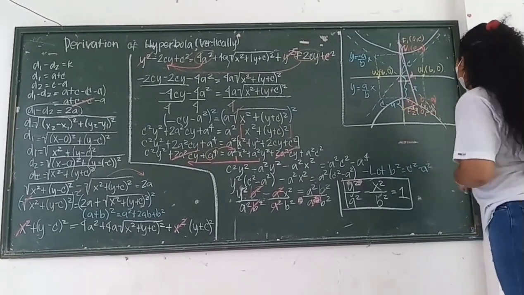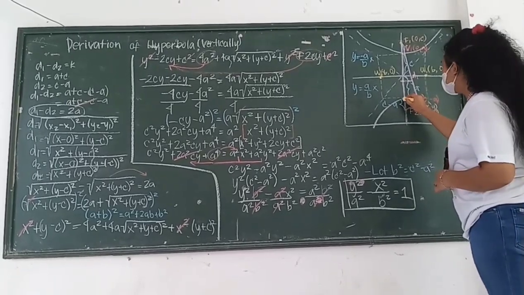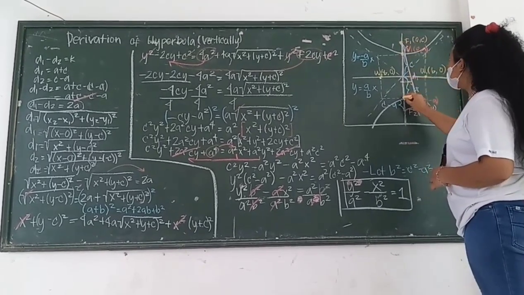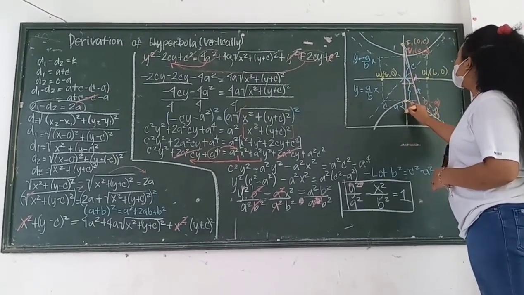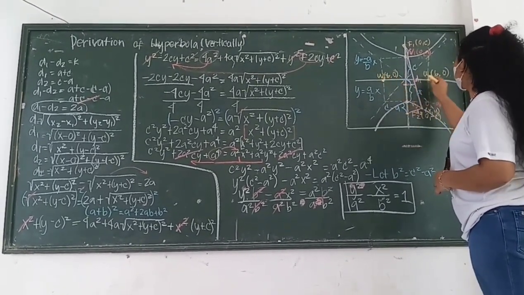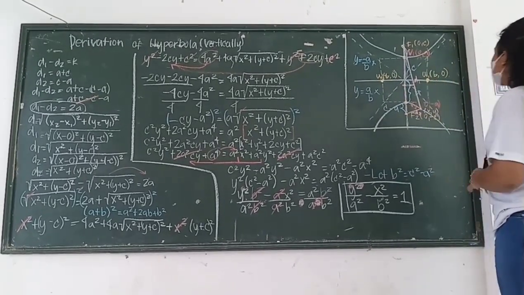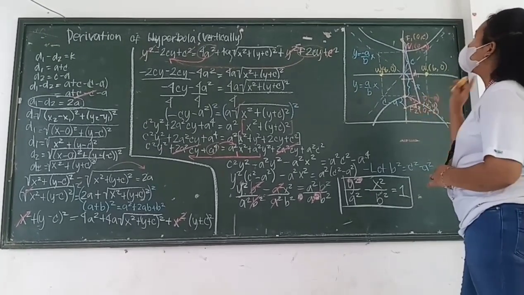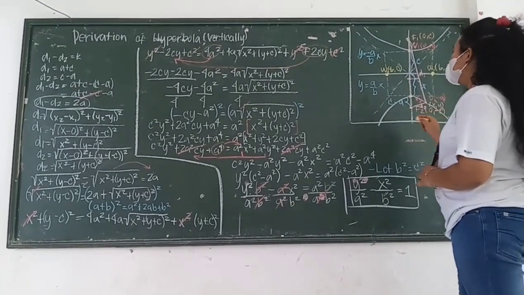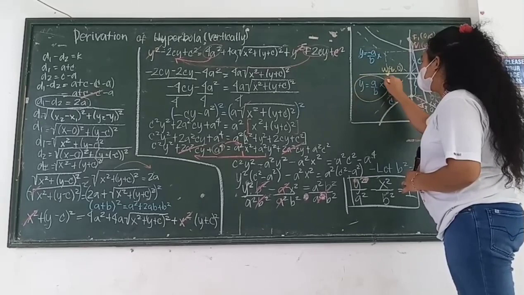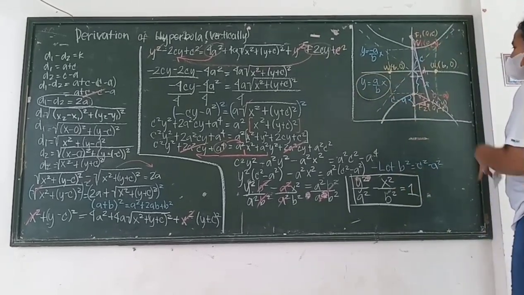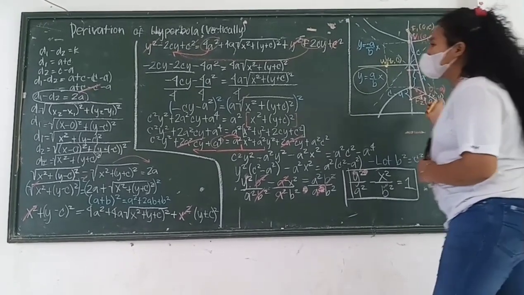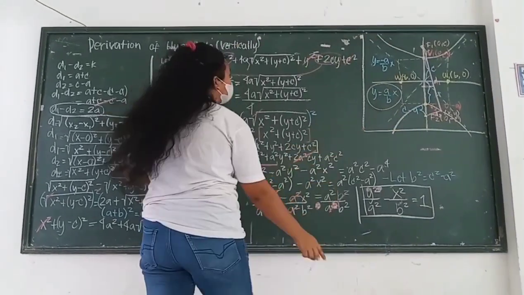So we have here vertices, we have here the foci, and we have here the co-vertices. So the asymptotes in vertical is y equals a over b x. So let us put the distance one here on our equation.